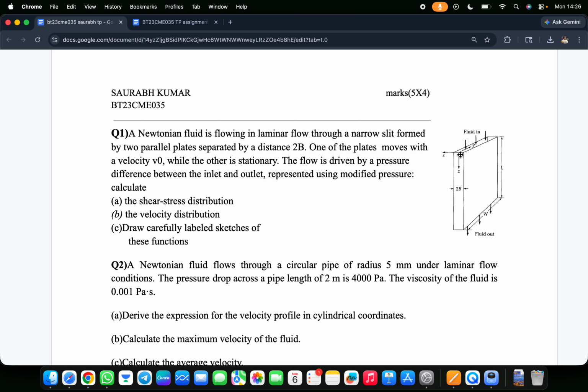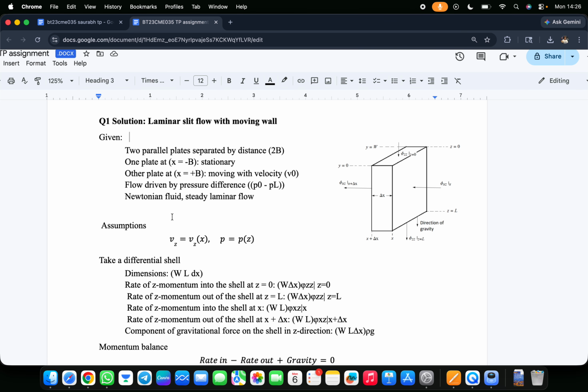So the origin will be in the middle, so it will be plus b and minus b. We have taken that the plate at plus b is moving with velocity v naught, and the flow is driven by pressure difference between p0 and pL. P0 is at z equal to 0 and pL is at z equal to L.